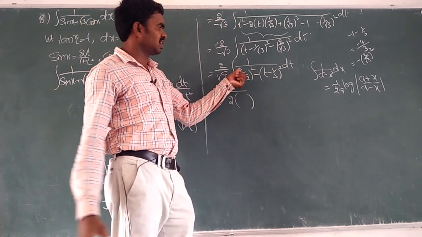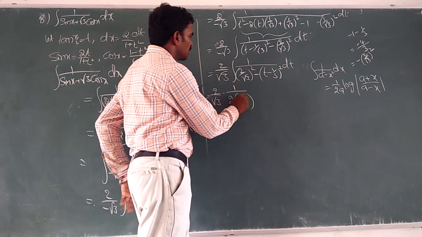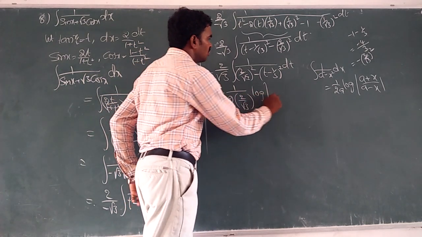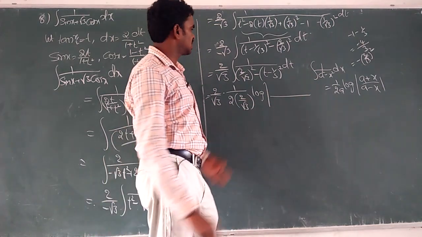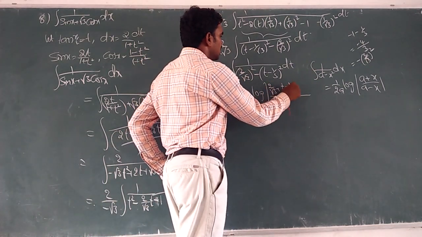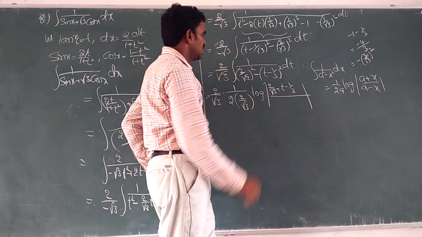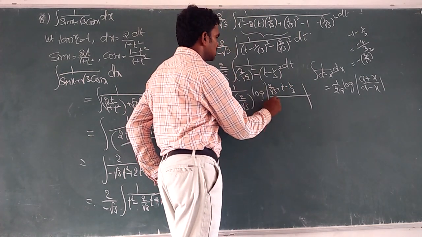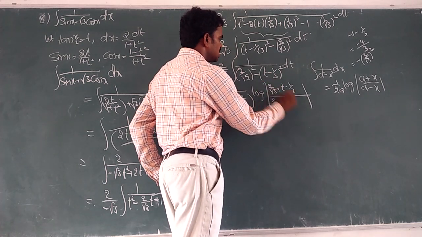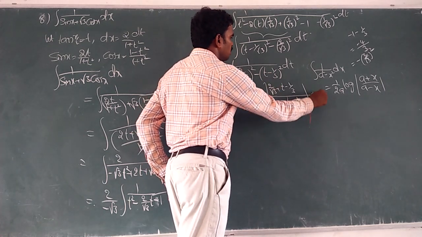A means 2 by root 3, plus x means t, minus 1 by a minus x. A means 2 by root 3, minus x means minus t plus 1 by 2 and plus.